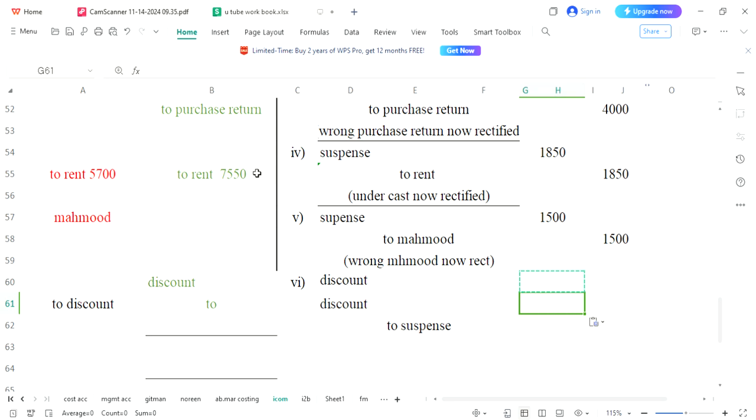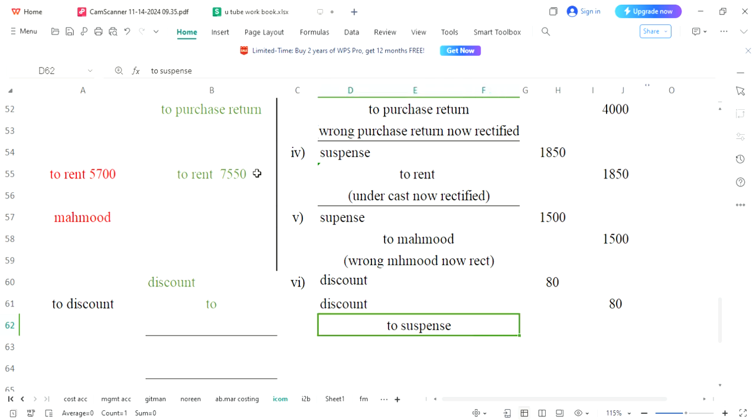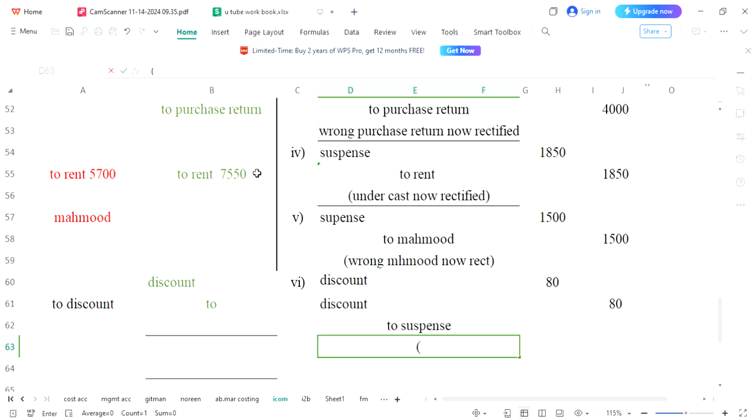over here, and 80 would be written on the opposite side as well. And here you will be writing the narration as well, and you may write: wrong discount now rectified.